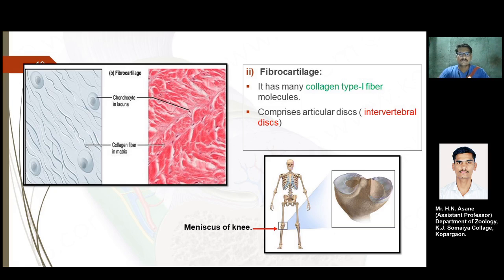These fibrocartilages are also seen in the meniscus of the knee. What do we mean by the meniscus? It is where one bone is connected with the other bone. If this is the pelvic girdle and our longest bone, the thigh bone, with the knee surfaces, this will be our meniscus of the knee, which fits into the bone.